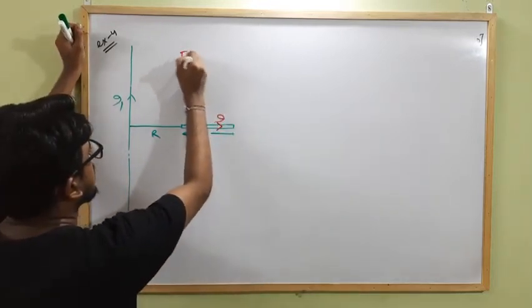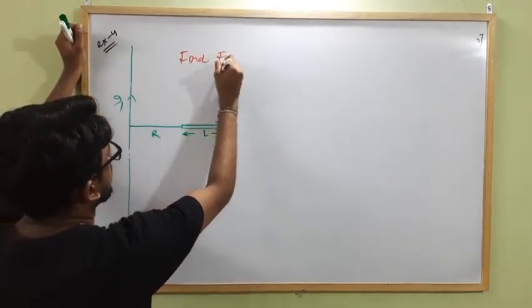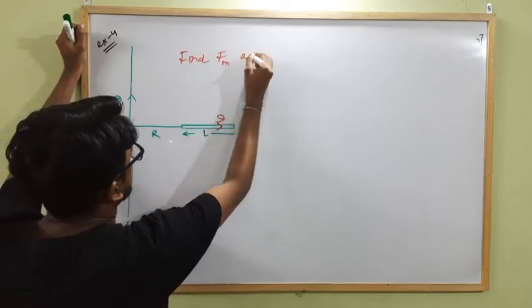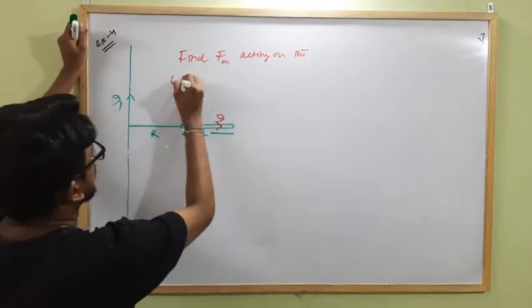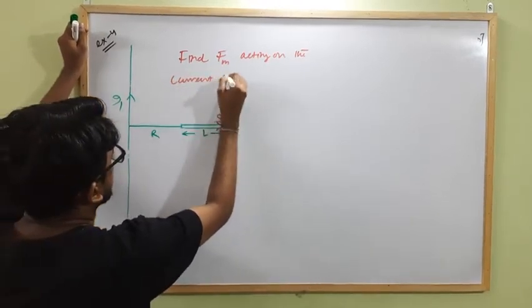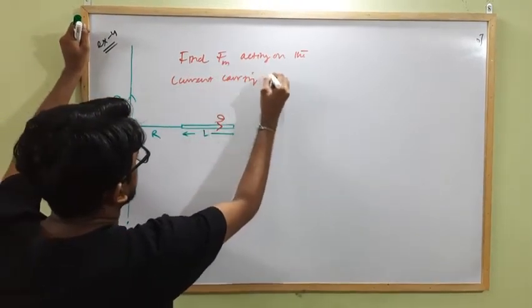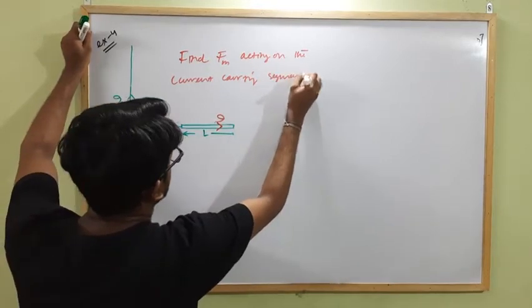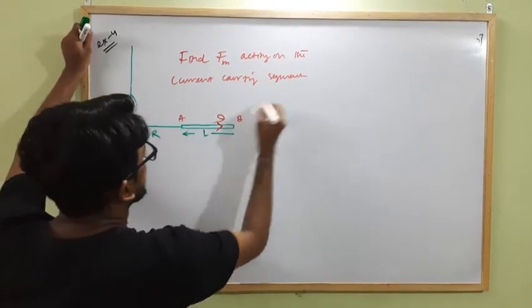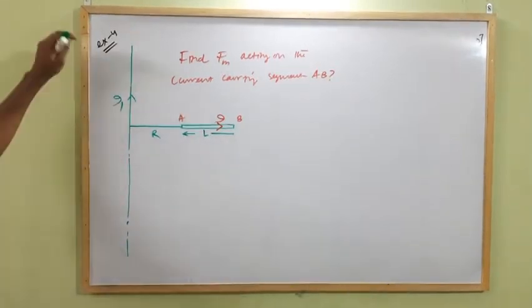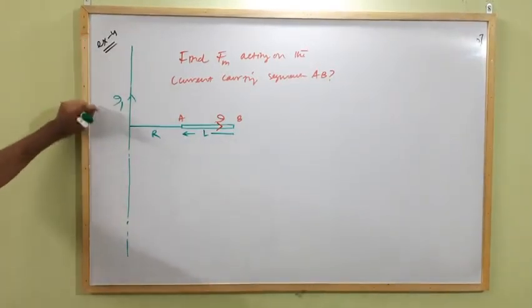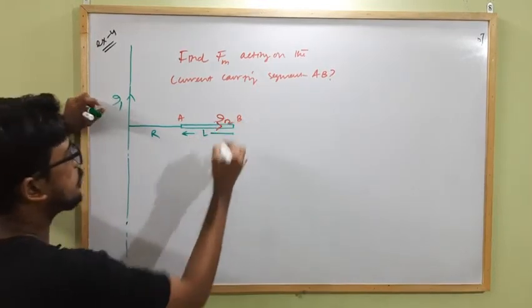So find Fm, the magnetic force acting on the current carrying segment, let it be AB. Here is an infinite long straight current carrying conductor carrying current I1, and let the current here be I2.